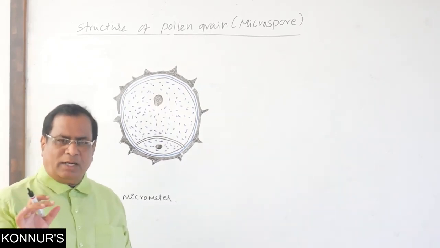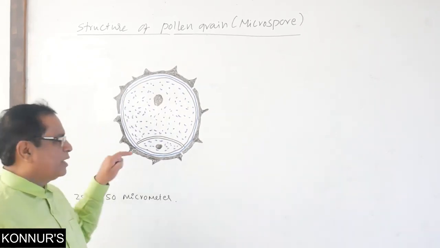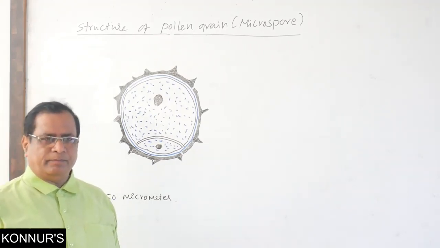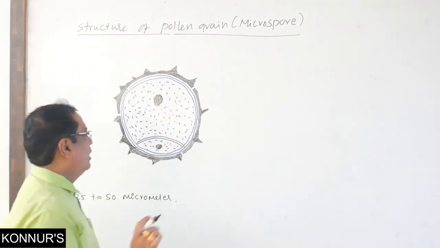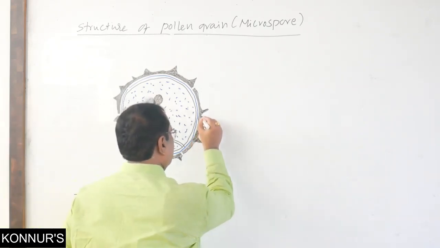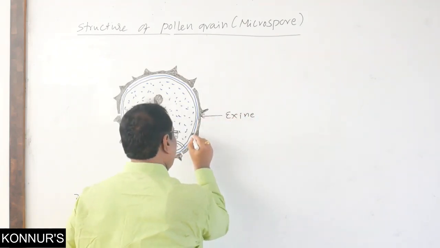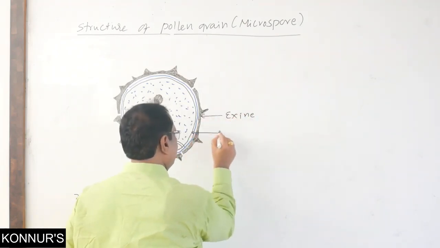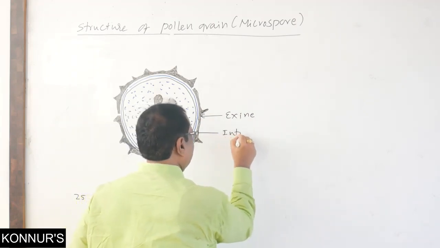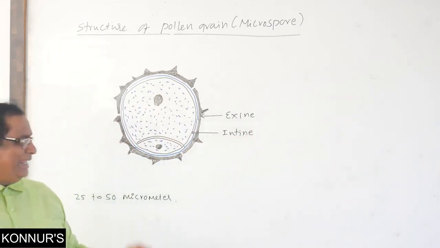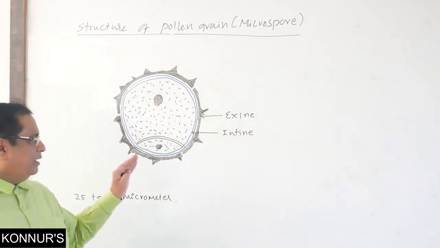And pollen grains are covered by two walls. Those are the outer exine and the inner intine. Outer thick exine and inner intine.